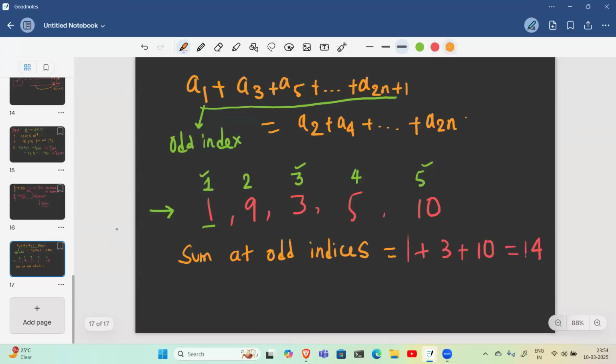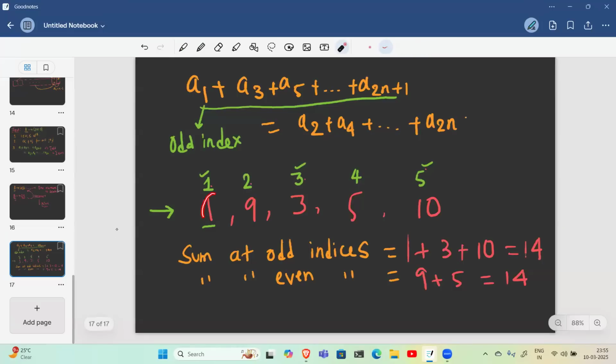Right? So similarly, what is the sum at even indices? It is simply 9 plus 5, right? So it is 9 plus 5, that is also equal to 14. So that is what the third condition is. The sum of all the numbers at even indices is equal to the sum of all numbers at odd indices, which you can also think about as the alternating sum being equal.